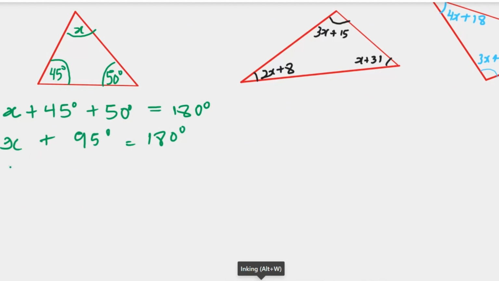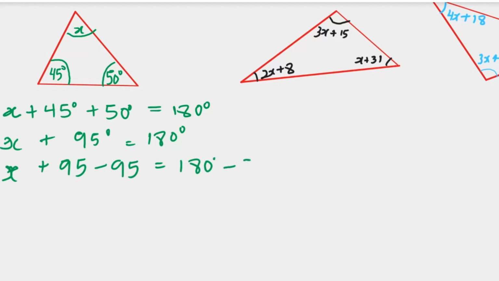So that's going to be x plus 95 minus 95 equal to 180 degrees minus 95 degrees. These two will just erase each other. So we have x equal to 180 degrees minus 95, and that's going to give us 85 degrees. So that's the value of x for the first one.